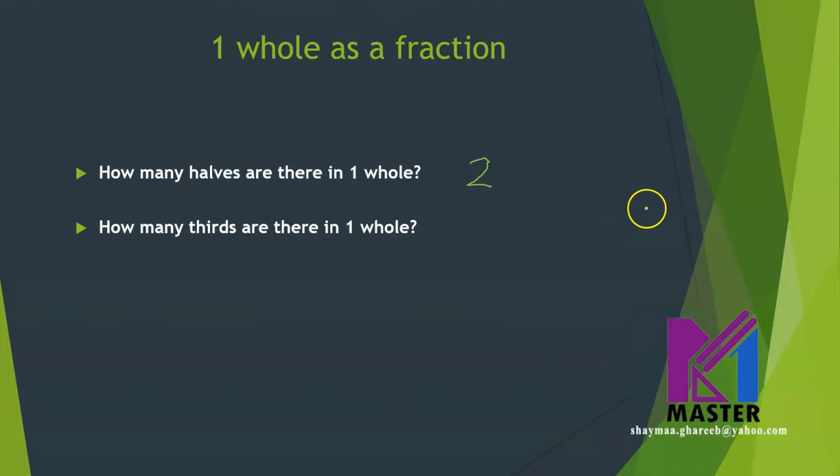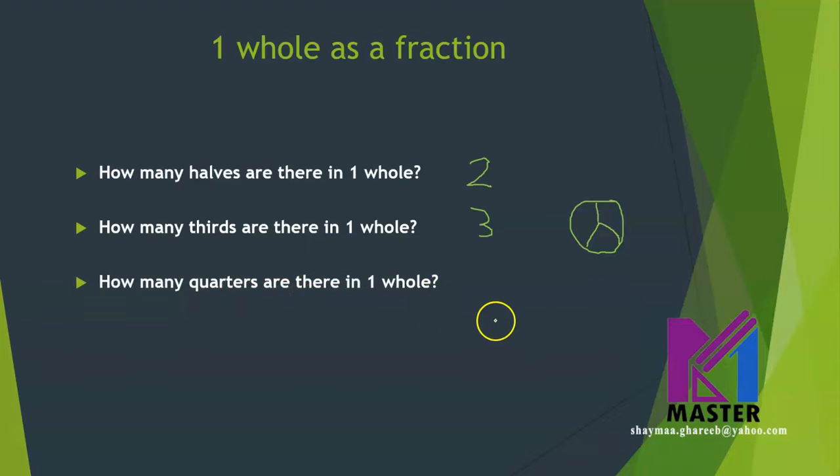If I have any shape and I want to count the thirds, I will split it into 3 parts. So how many thirds are there in any one whole? 3 thirds. Okay? But what about quarters? How many quarters are there in one whole?